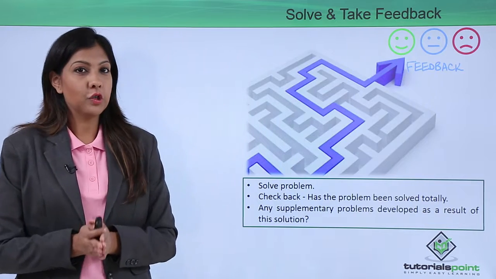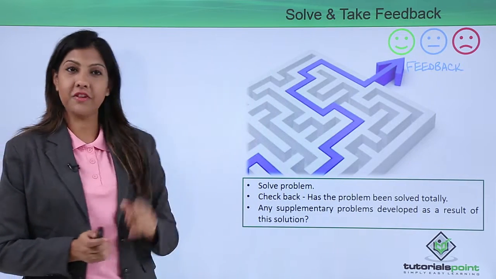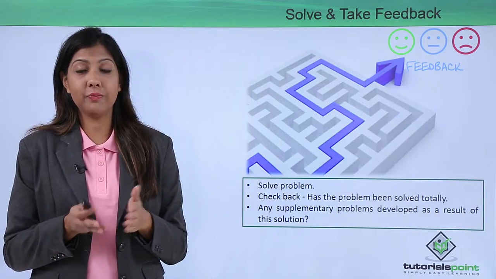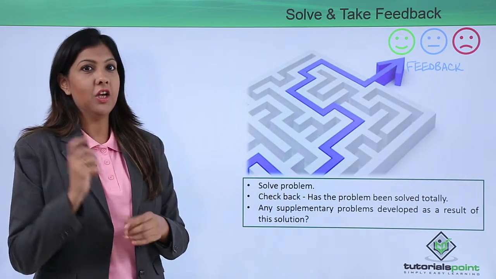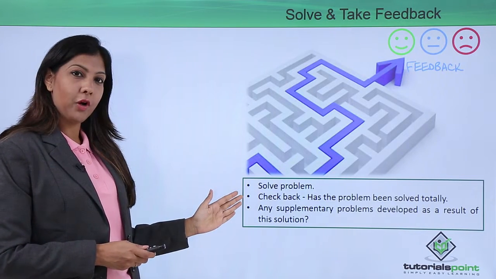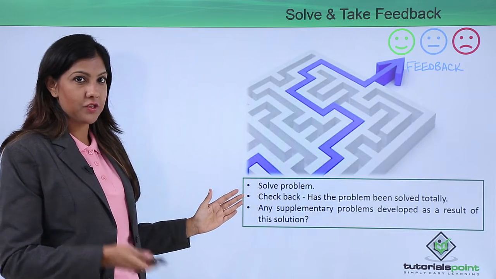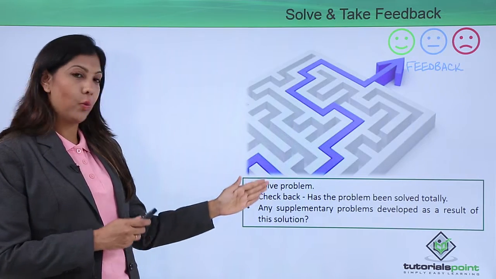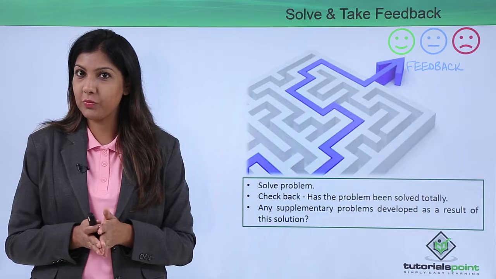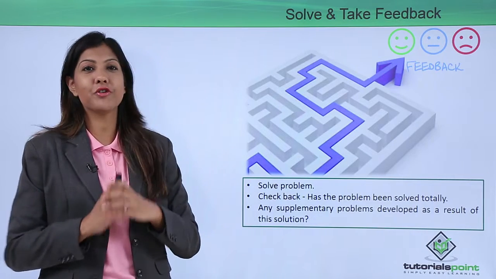So now we are going to look at solve and take the feedback. Once you have solved the particular problem, you need to make sure that you take feedback from the people. So solve the problem, identifying the different options, you solve the problem. Check whether there has been a total solution to that particular problem or it has been only temporarily fixed up.